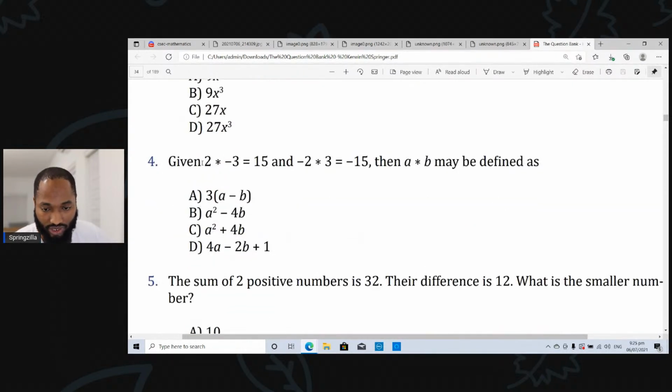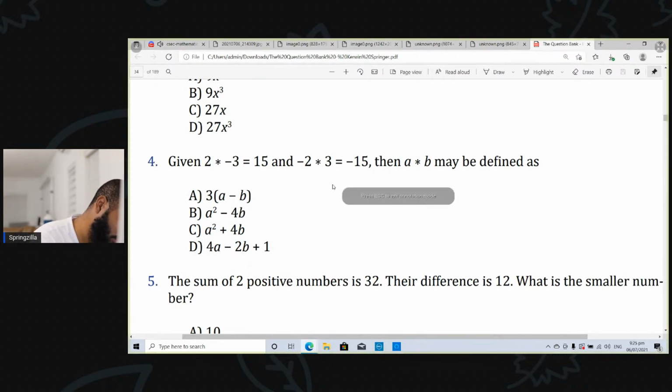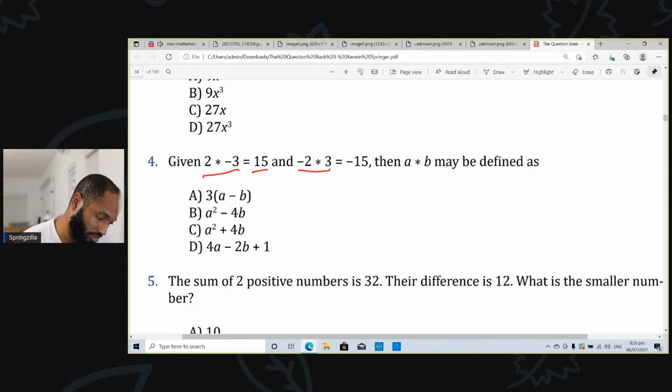That's too easy. Given that 2 star negative 3 is equal to 15, and another one of this way. Hey, this one is a little different. 2 star negative 3 is equal to 15, but negative 2 star 3 is equal to negative 15.